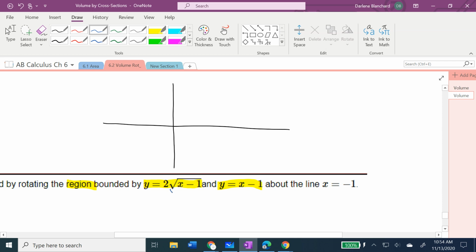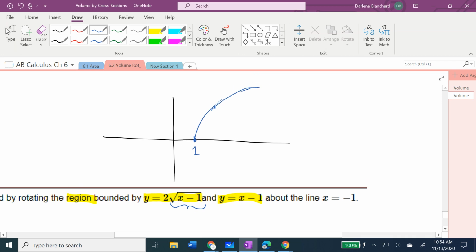So you should recognize the square root function, stretched a little bit, and then moved right 1 unit. I'm trying to draw it stretched. Then the other one, y equals x minus 1.